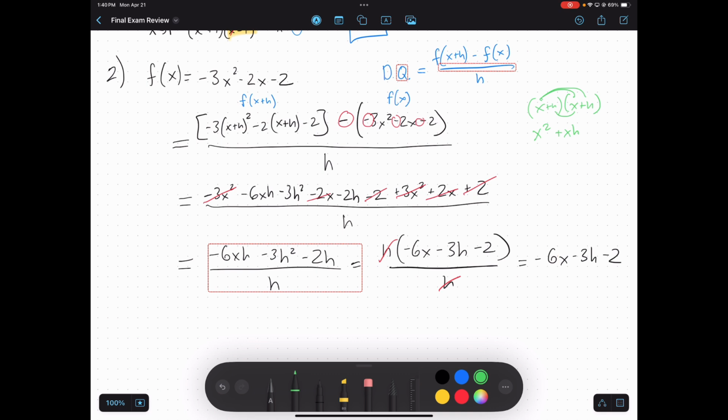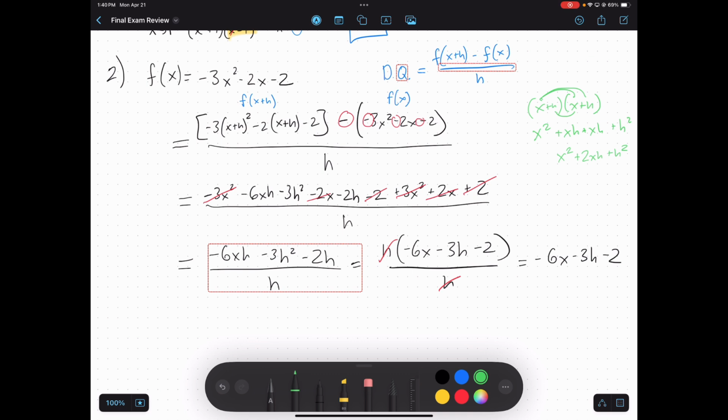Well, hx and xh are the same, right? Multiplication, you can switch the order around. So that's another xh plus h squared. So you're left with x squared plus 2xh plus h squared. And then when you multiply it by that coefficient of negative 3, you get the negative 6xh. Okay, cool. Other questions?